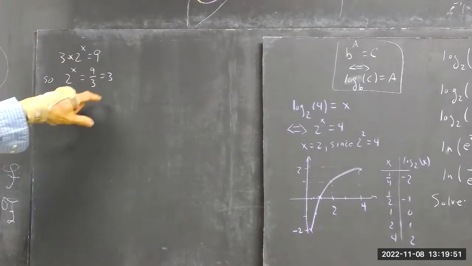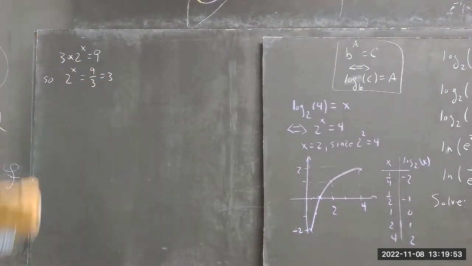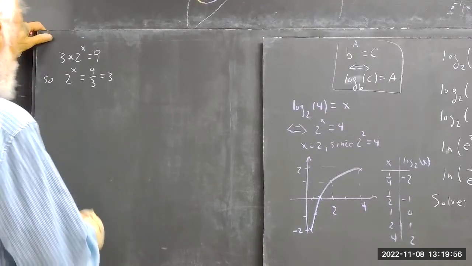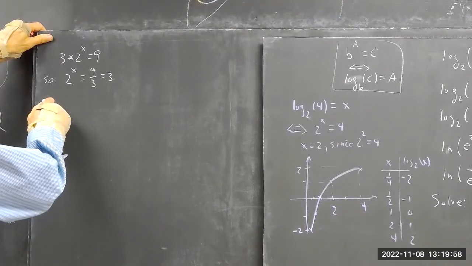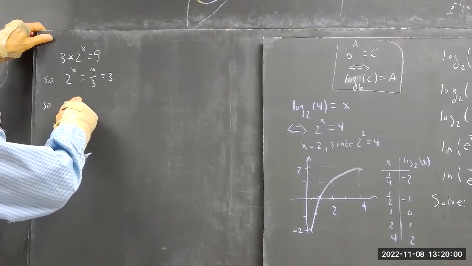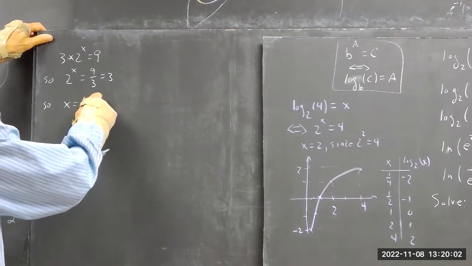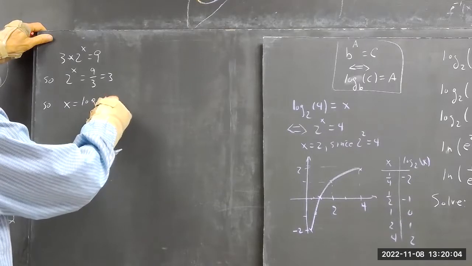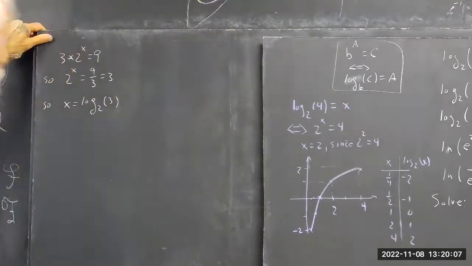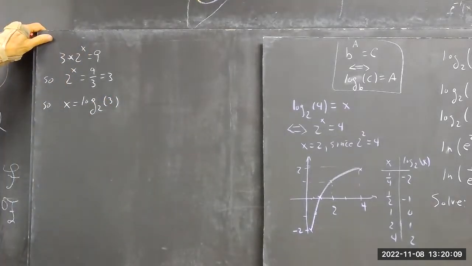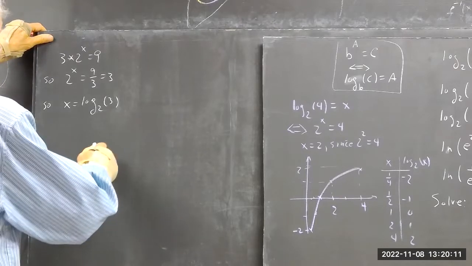So 2 to the x is 9 over 3, and that's just 3. So x equals log base 2 of 3, and that's your exact solution.